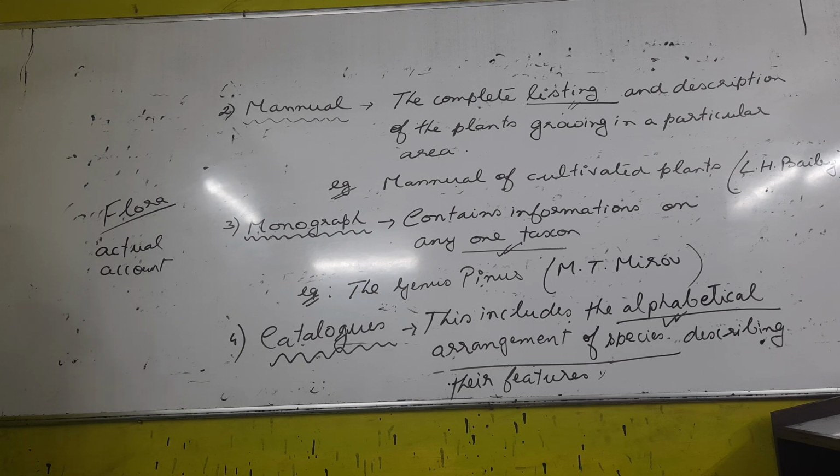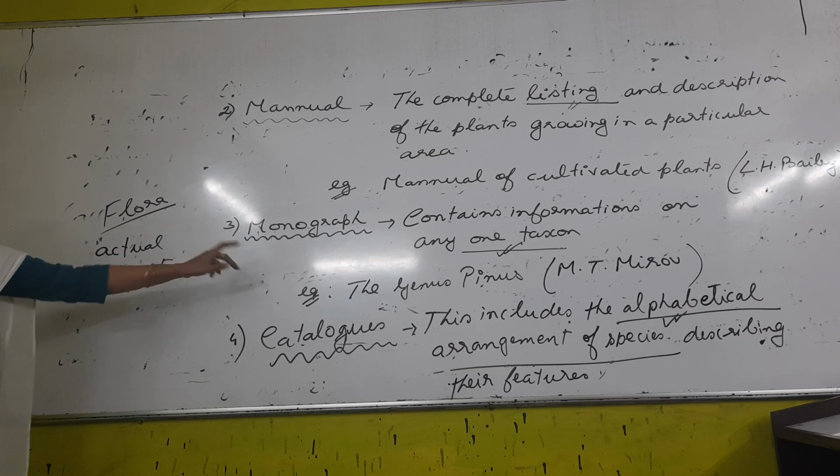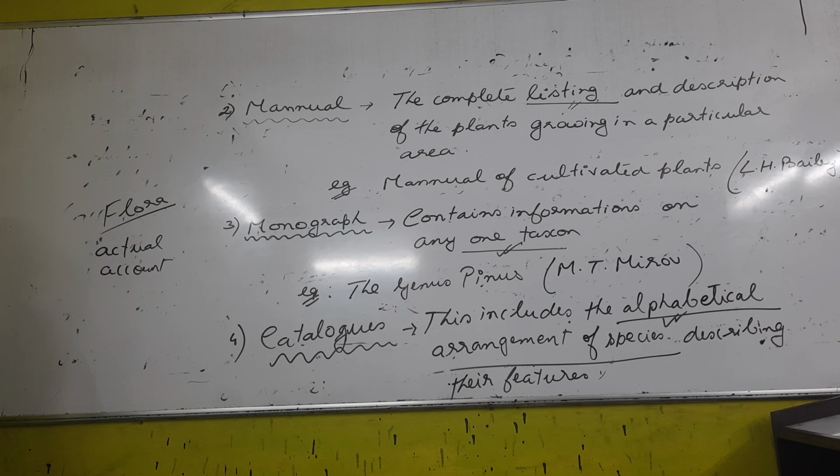It should be about a single one. Then only we'll be using the word mono. Mono means one, right? One taxon or single. Okay, one taxon or a single, yeah. Okay. A family is a taxon. Family, because you have so many families, one family you read a book about.